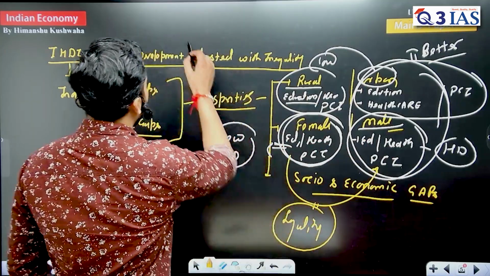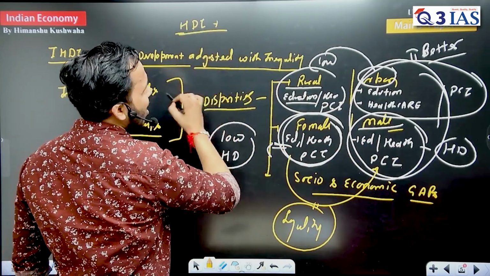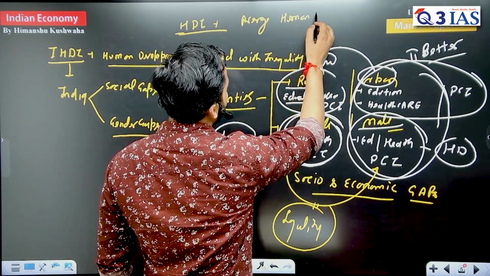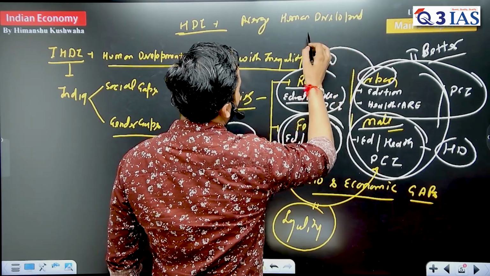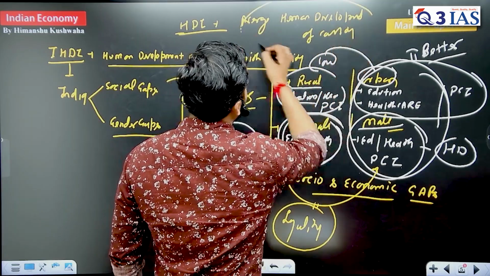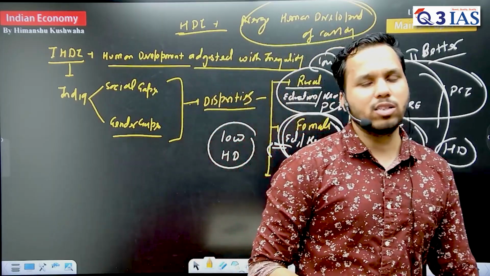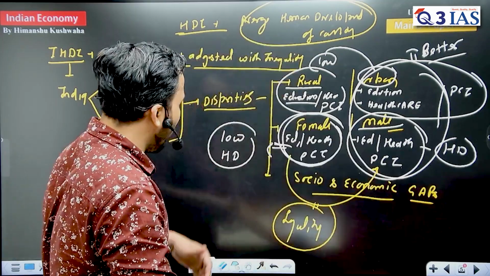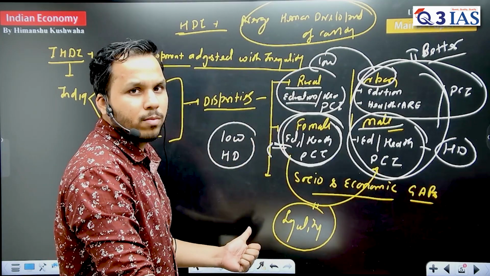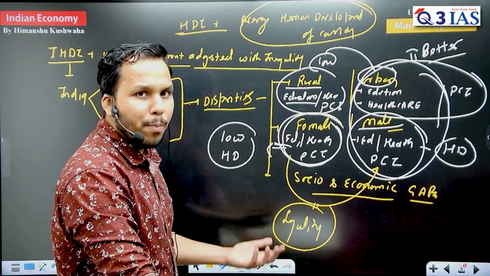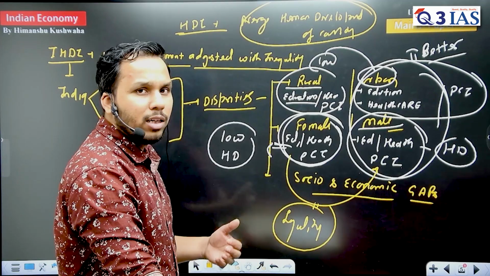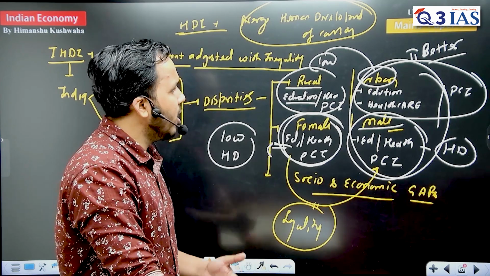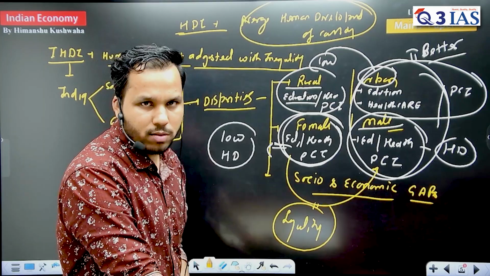Basically, the human development index is the average human development of a country, but it does not reflect inequalities and disparities. As we know, the development of urban areas in context of education, healthcare, and income is better compared to the rural ones.